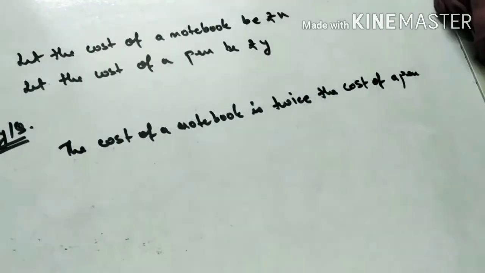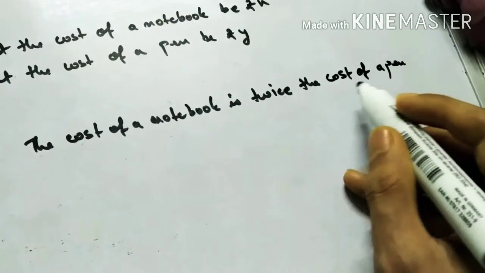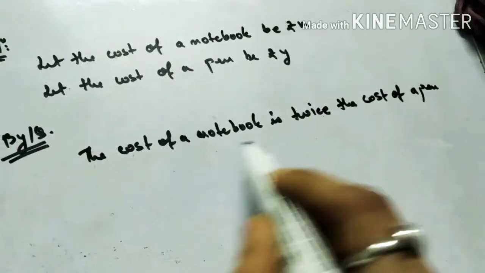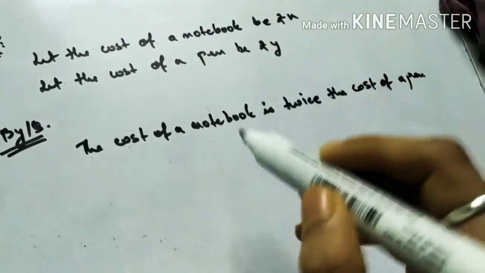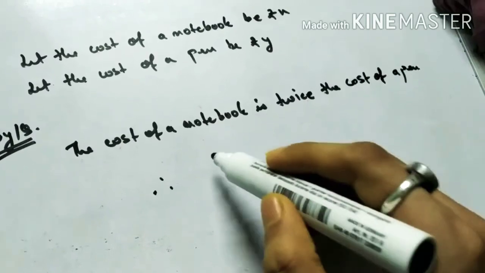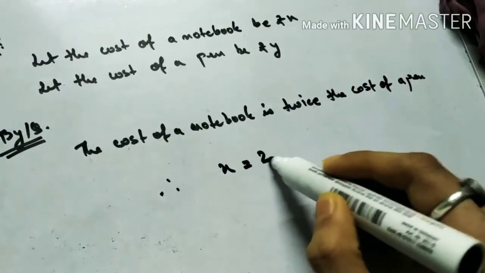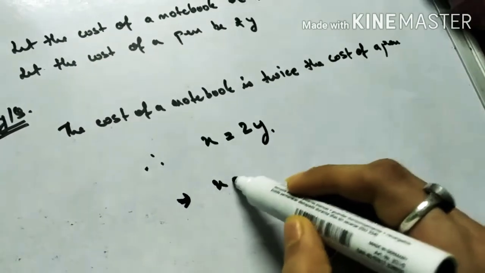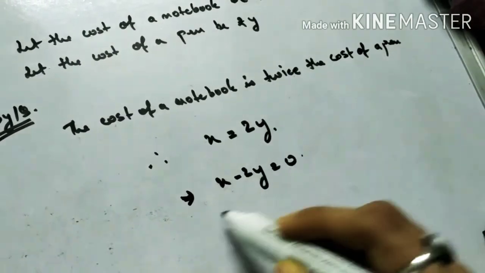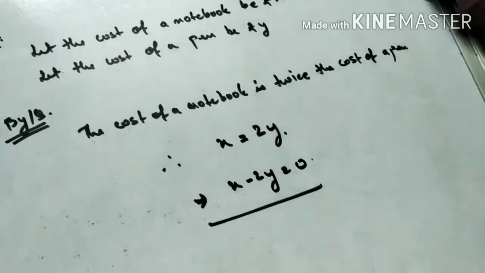The cost of a notebook is how much? Rupees x. And the cost of a pen, y. So therefore, what can I say? x is equal to 2y. Understand? This one you bring to this side: x minus 2y is equal to 0. This is our equation.